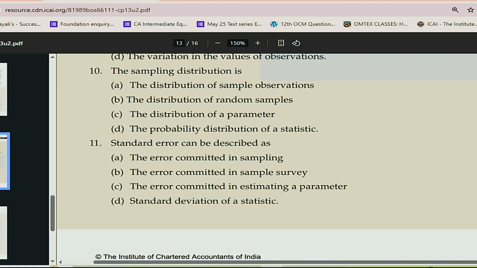I don't know, tell me the answer. Is D the correct option? Last, standard error can be described as error committed in sampling, error committed in sample survey, error committed in estimating a parameter, or standard deviation of a statistic. D.